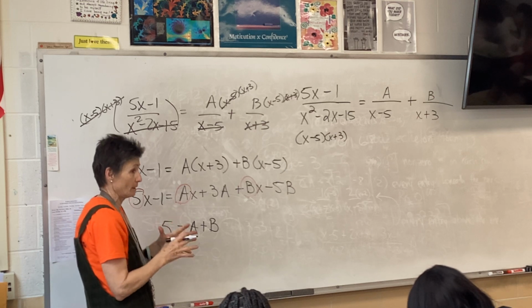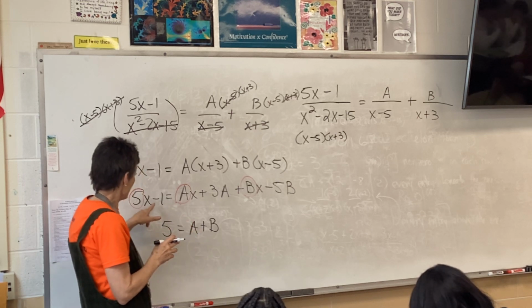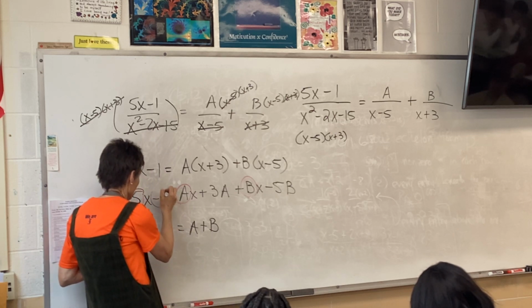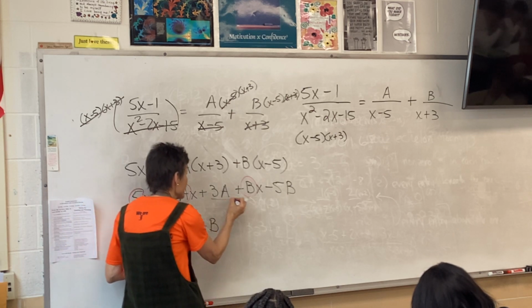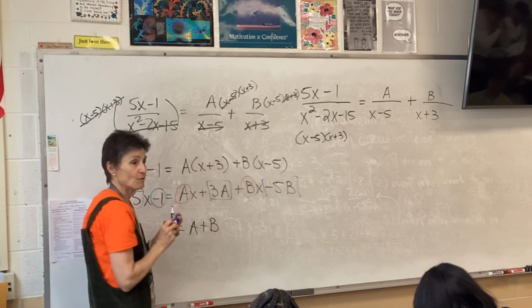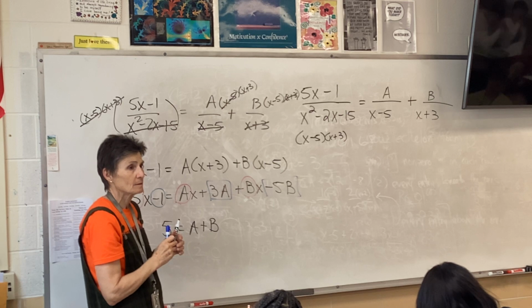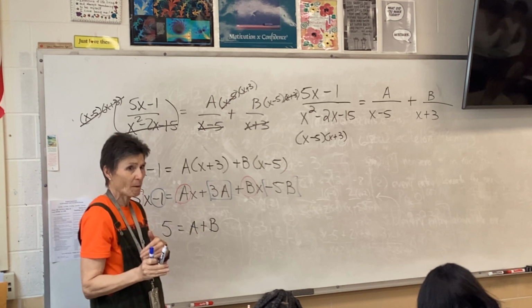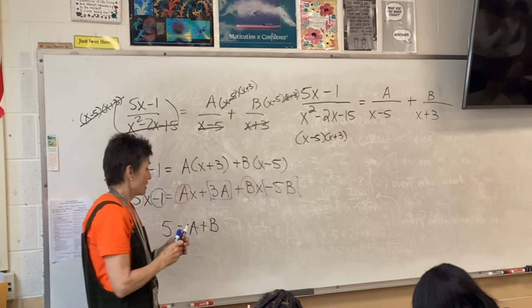Now similarly, here's a -1 right here. Don't these have to combine to give you -1? Because those are the not x parts.